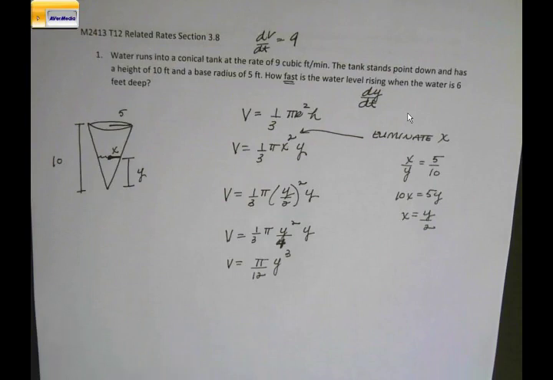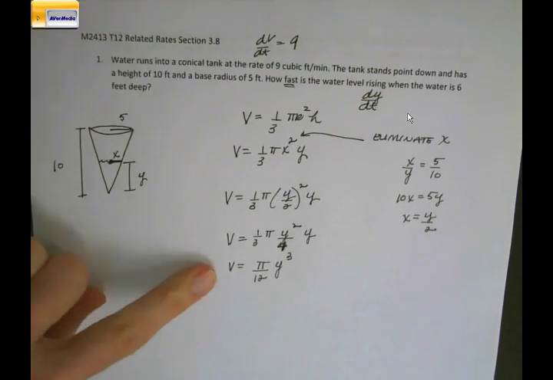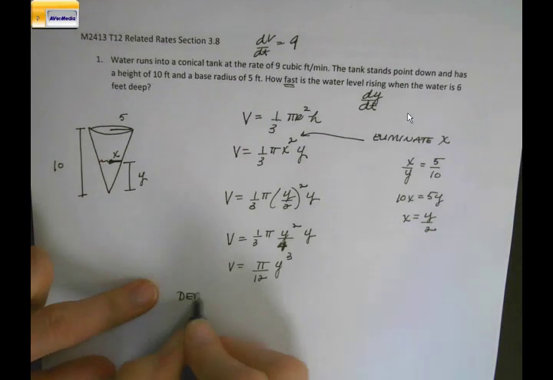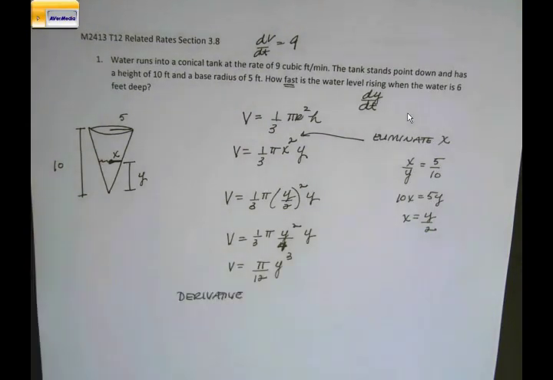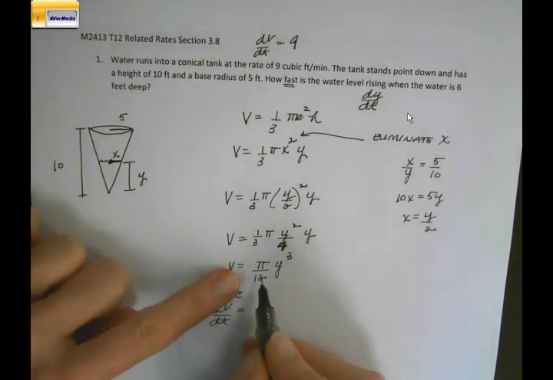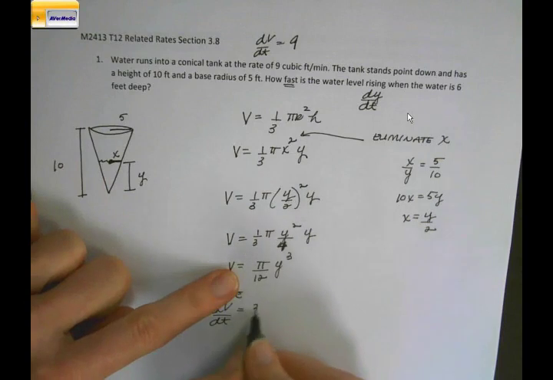So now what I'm going to do is take the derivative. They told me that dV/dt is 9, so when I take the derivative, I'm going to get dV/dt, which can later be substituted with the value of 9. So now let's take the derivative, which is giving the changing stuff, the water level moving, everything kind of in motion. So this becomes dV/dt equaling pi 12ths, a constant, so you're really just going to take the derivative of y cubed, which means you pull a 3 out front of the pi 12ths.